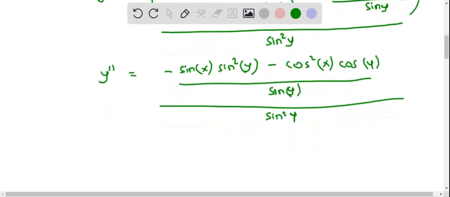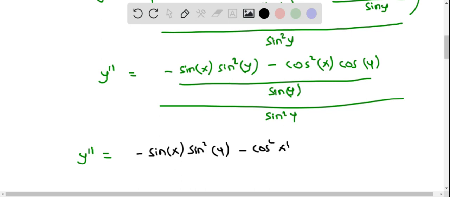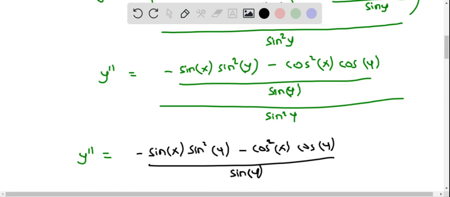Let's simplify this. So we have y double prime, and this equals, I just put this numerator fraction, that is sine x times sine squared y minus cosine squared x times cosine y. This is over sine y, and we have this denominator sine squared y, which we can now write down as 1 over sine squared y.